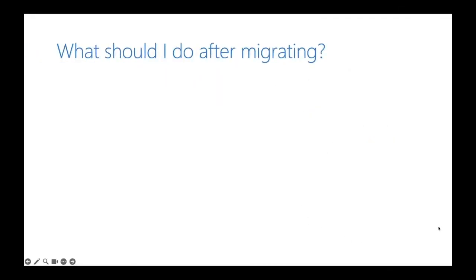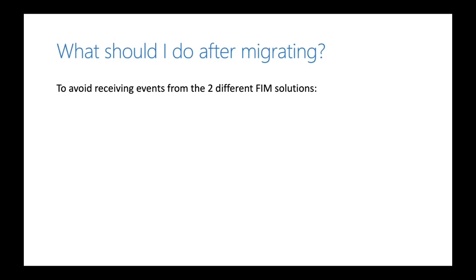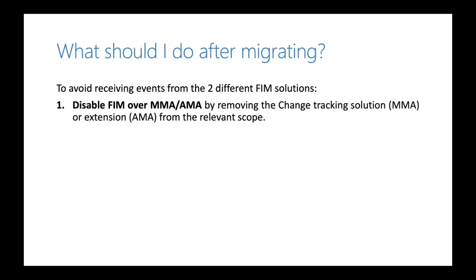What should we do after migration? So there are actually 2 things here, and this is mainly about avoiding receiving the logs from 2 different FIM solutions. First of all, we should disable file integrity monitoring over Log Analytics Agent or Azure Monitor Agent by removing the change tracking solution or extension from the relevant scope.